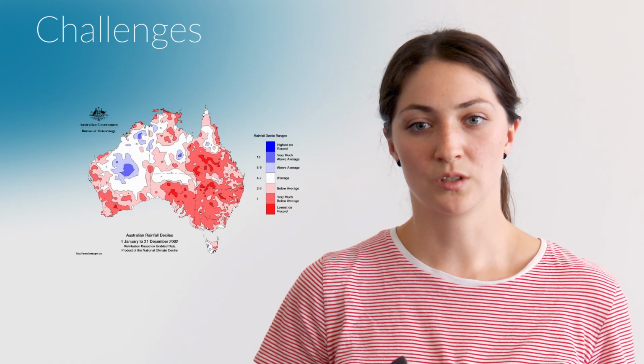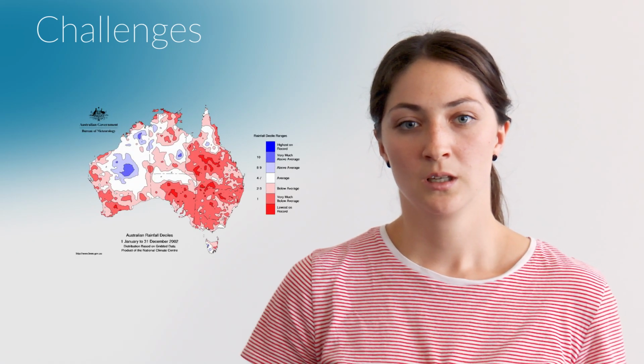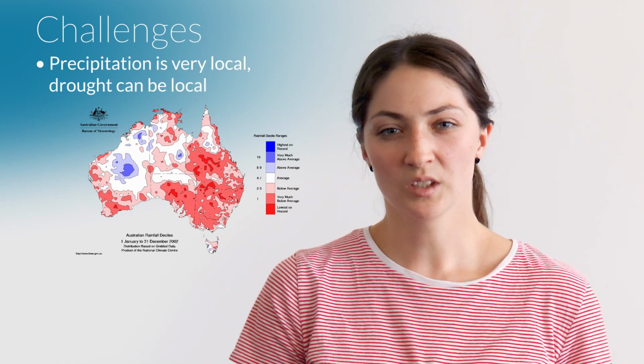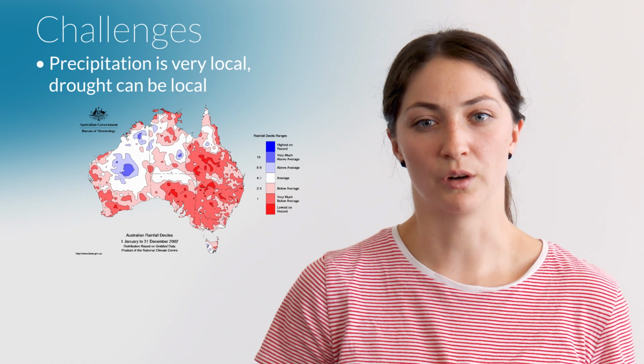So we saw from these two indicators and from different literature reviews that GRACE has great potential to describe hydrological drought, but GRACE also has some challenges. When you look at the map for Australia, you see in the southeastern part that precipitation there is very local. This means that drought can also be very local.